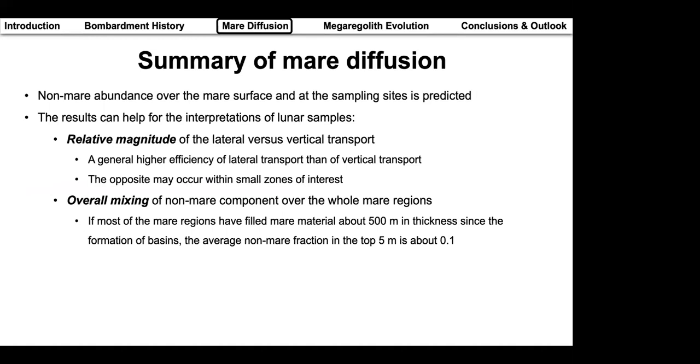We can compare the vertical and the lateral transport, which plays a more important role in the mixture of non-marine materials. We also found that almost all the marine regions contain at least some non-marine materials, and in the top 5 meters, it can be at least about 10%.